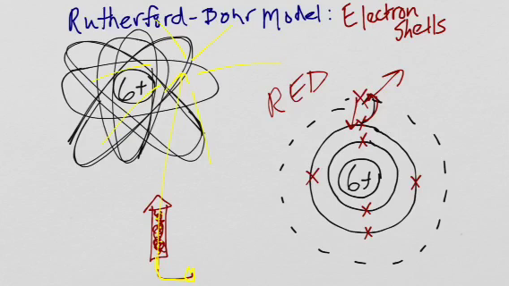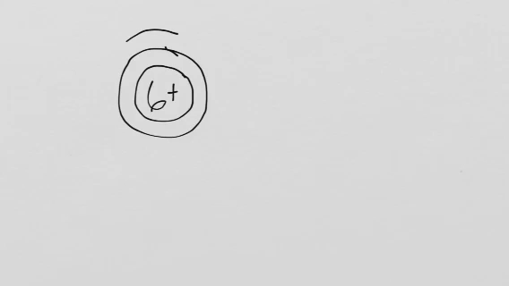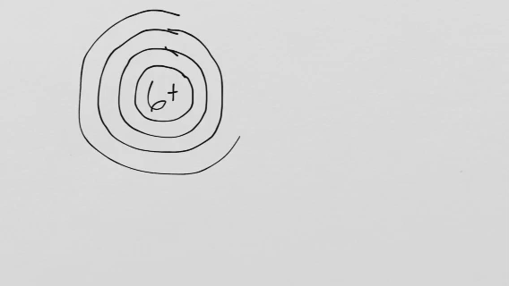So Bohr's contribution here is that, I still agree with the concept of a positive nucleus, those protons in the nucleus, but I think that electrons live on specific orbits. And we call those orbits energy shells. The first orbit has a maximum of 2 electrons in it. The second orbit has a maximum of 8. The third has a maximum of 8.